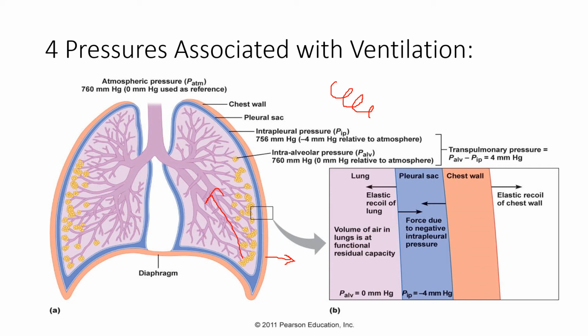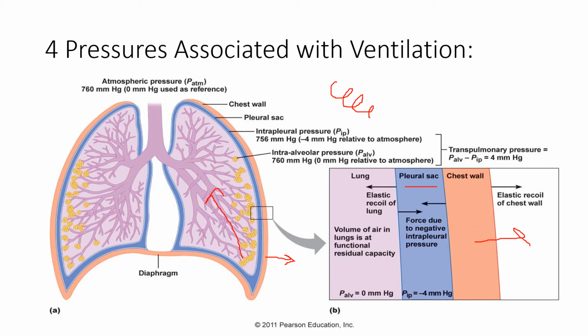Remembering, before we breathe in, these forces are in balance, and the balance of these forces creates the pleural space. So that pleural space, or pleural sac, is negative pressure. And we can affect this by expanding the thoracic wall. As we breathe in, we pull the chest wall further away.